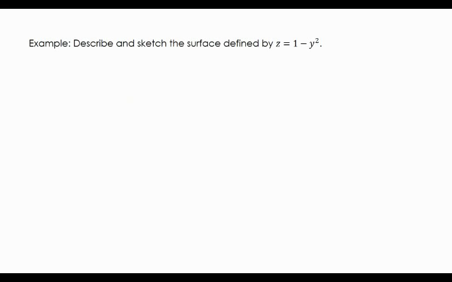Now let's do some examples then. Let's take a look first at a surface that's described by this equation, and let's see if we can figure out what it looks like. First off, we notice that it looks like just a z and a y equation. So if I wanted to, I could draw this in a ZY plane.